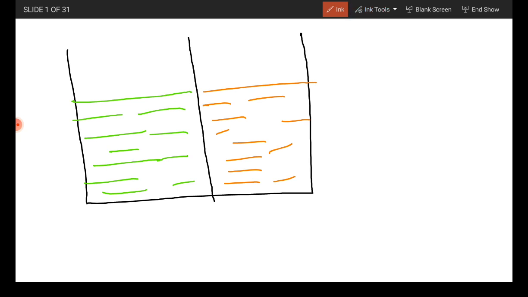So we have drawn the two solutions, solution A and solution B.